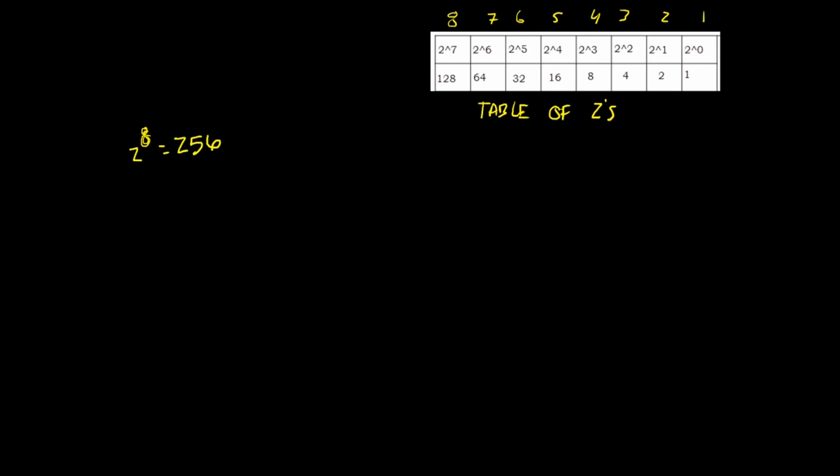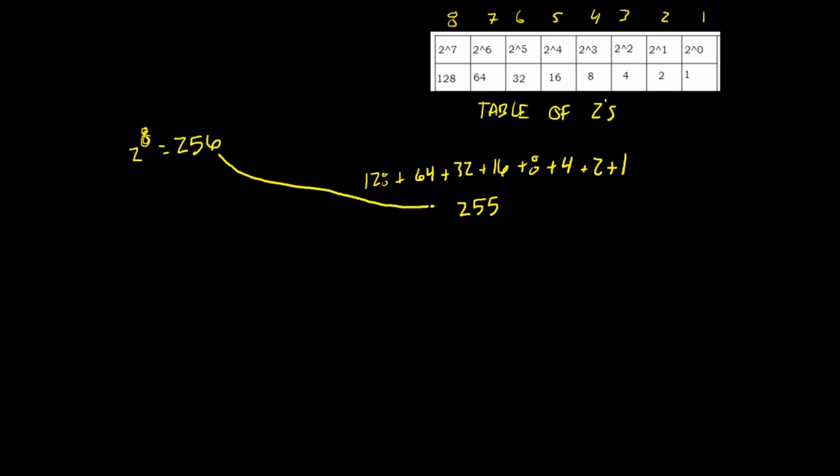Okay. Now, although you don't see 2 to the 8th here, if you were to take 128 plus 64 plus 32 plus 16 plus 8 plus 4 plus 2 plus 1, you end up with 255. Now you may be saying, I'm confused now because 2 to the 8 is 256, whereas if I have a total of 8 bits, remember, because 0 counts.